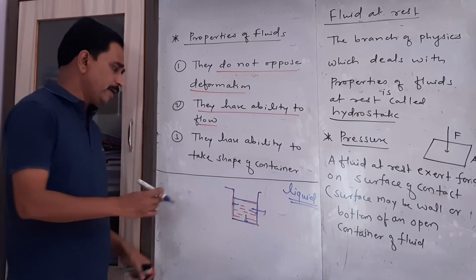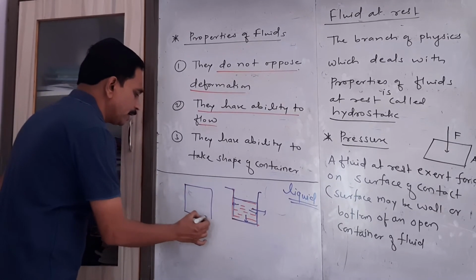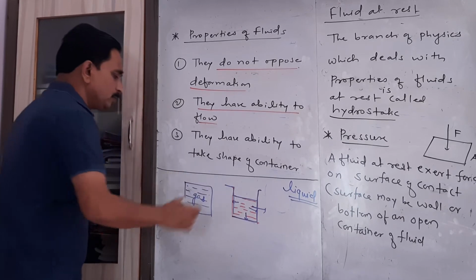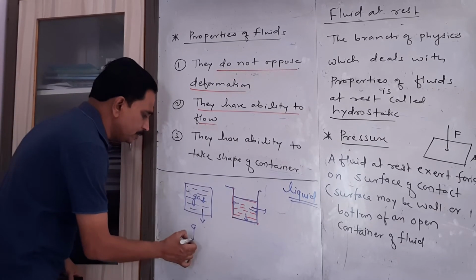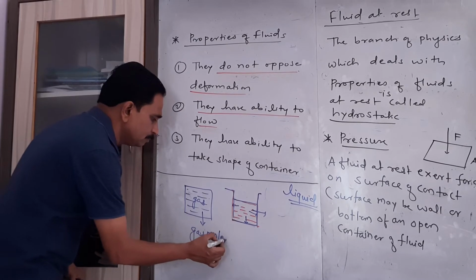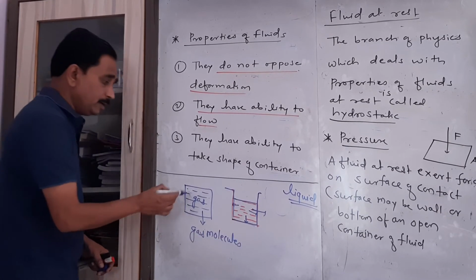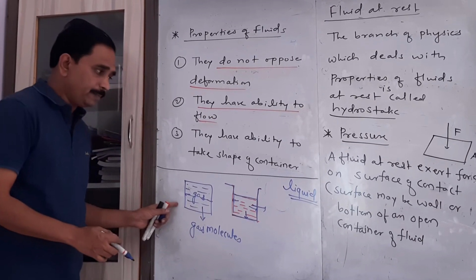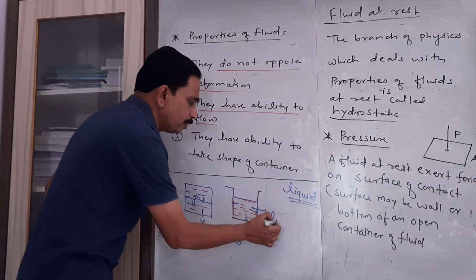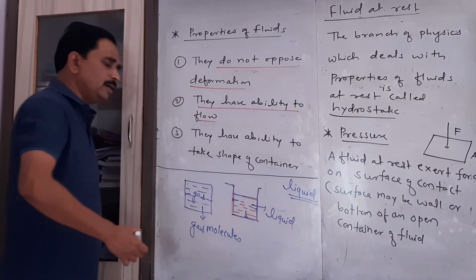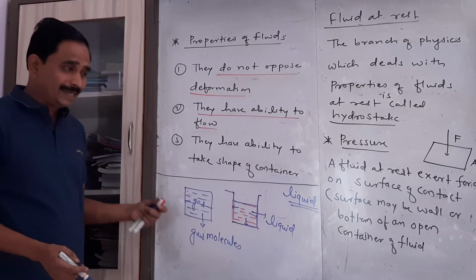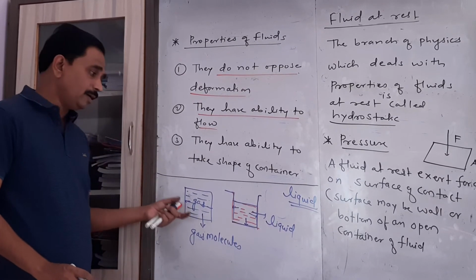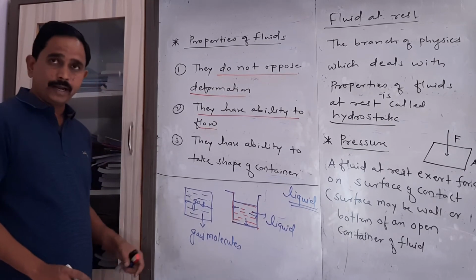If you consider gas taken in a closed container, in that case also these gas molecules exert the force, that is the pressure, on the walls of the container, and liquid molecules also exert force on the walls of the container. So why are gas and liquid molecules able to exert force on the surfaces which are in contact with them?